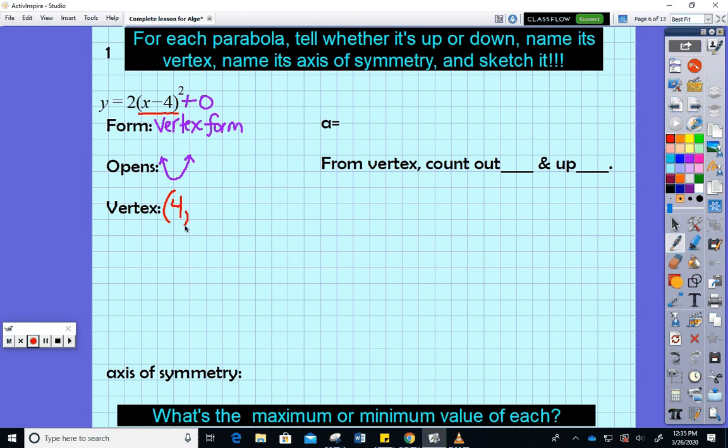And then this caboose tells you that the vertex's y coordinate is 0. All right? So since we got vertex form, vertex is super fast. There's not any work. We love that. Now, the axis of symmetry, remember, is the vertical line x equals your x coordinate of your vertex. So that's way easy to do, okay?